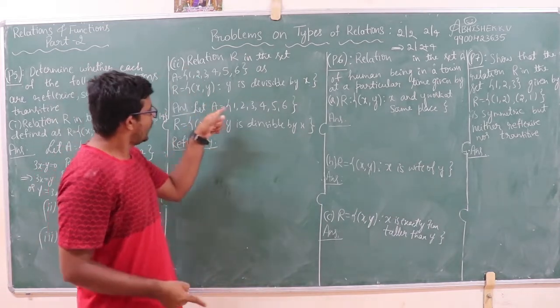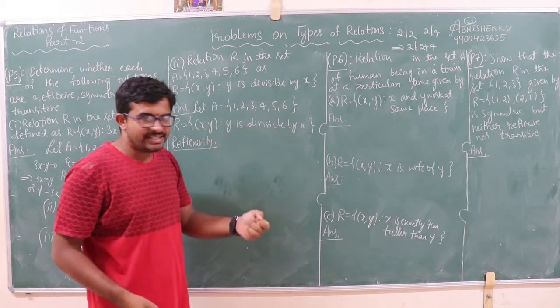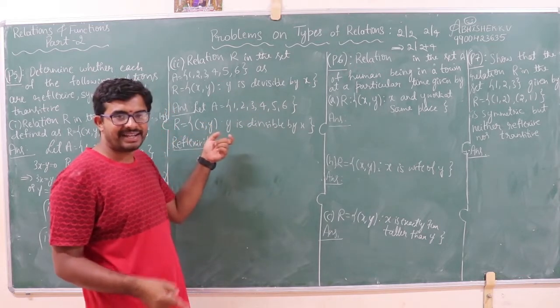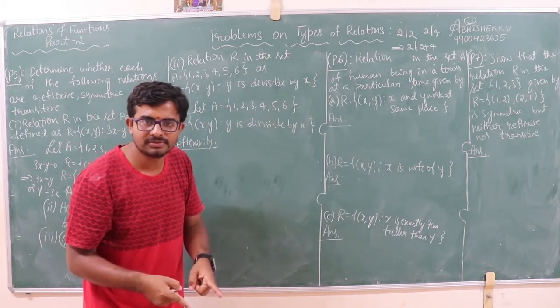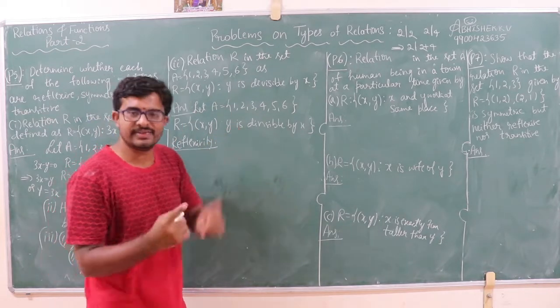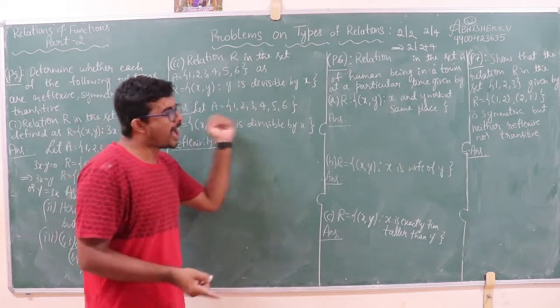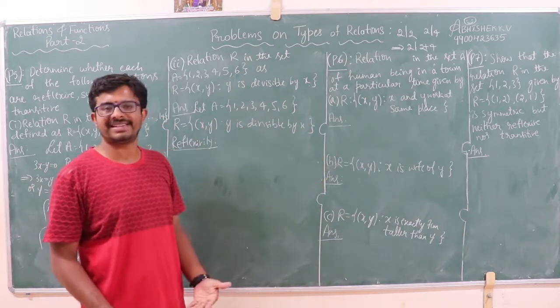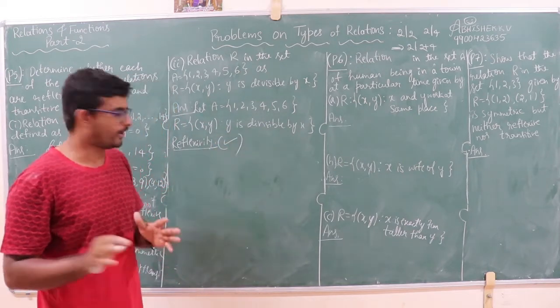Yes, see, 1, 2, 3, 4, 5. To prove reflexivity, the given relation should contain (1, 1). That is, 1 is divisible by 1. Is it true? Yes. 2 is divisible by 2. 3 is divisible by 3. 4 is divisible by 4. All these numbers are divisible by themselves. Therefore, R is reflexive. Yes? Are you getting?